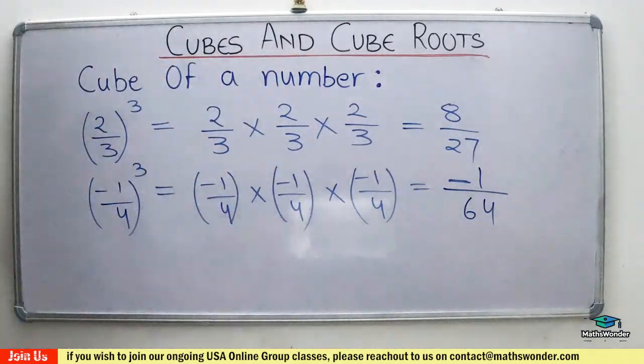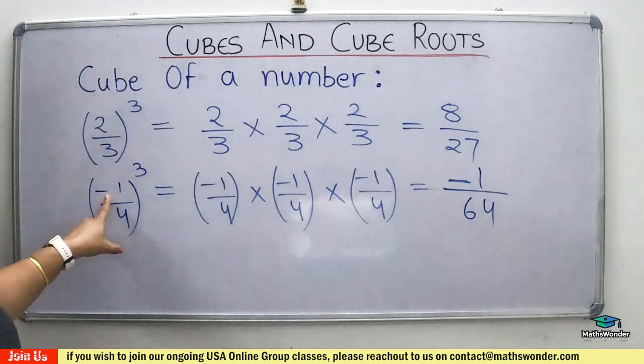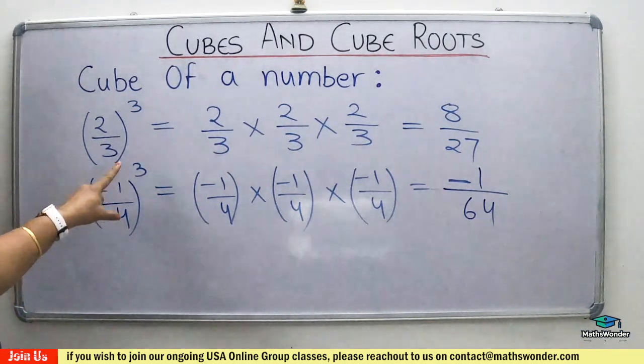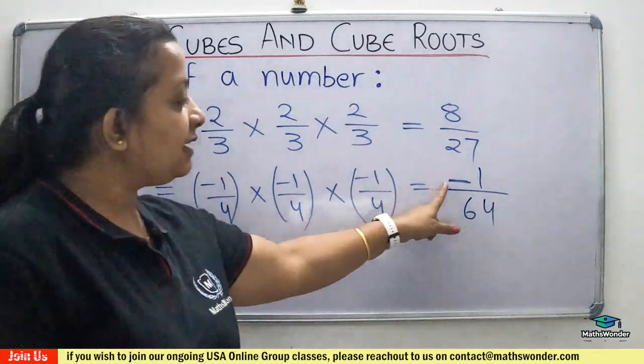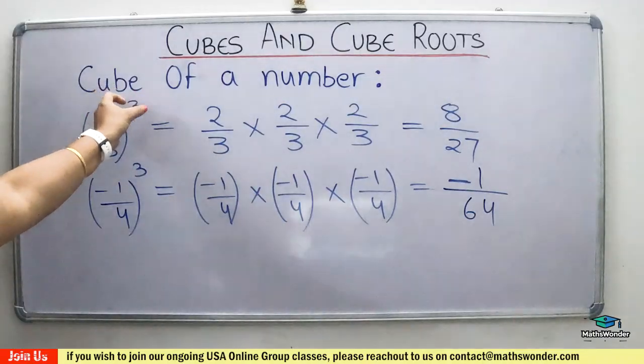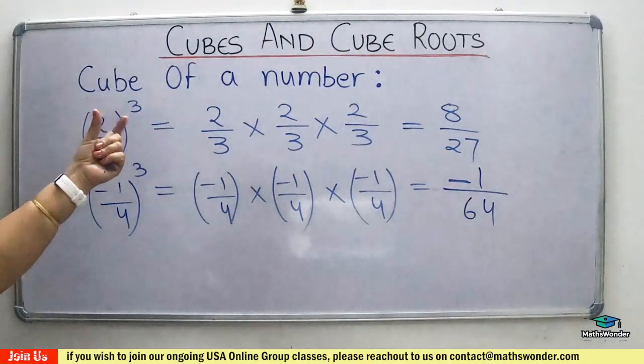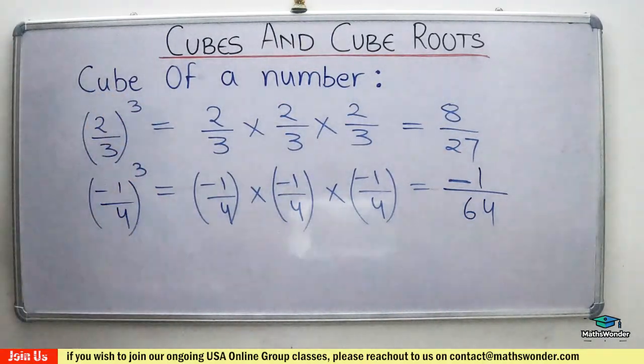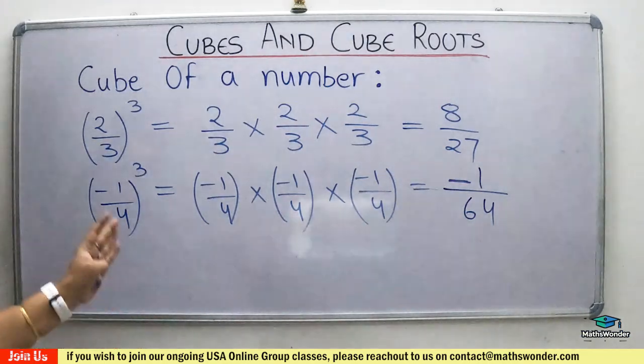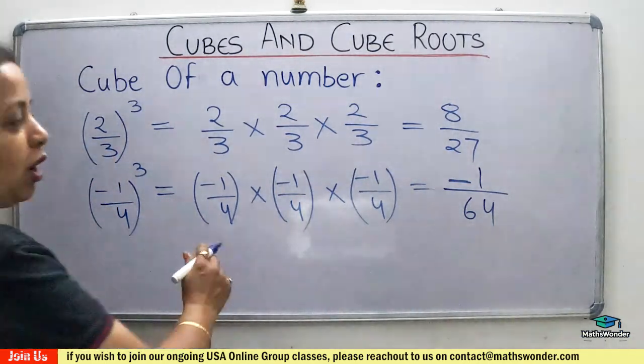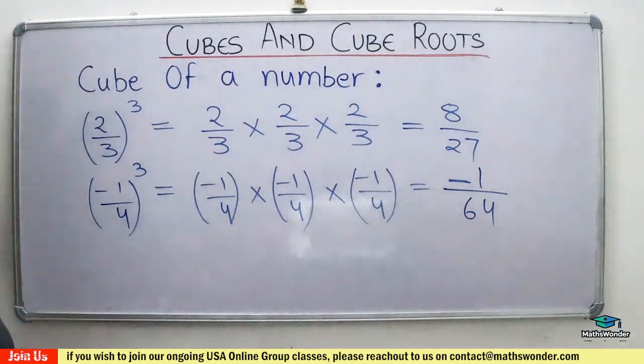So always remember, whenever we find the cube of a negative number, you will get a negative. Why? Because in cubes and cube roots we have 3, and 3 means odd, and an odd power will keep the negative sign.